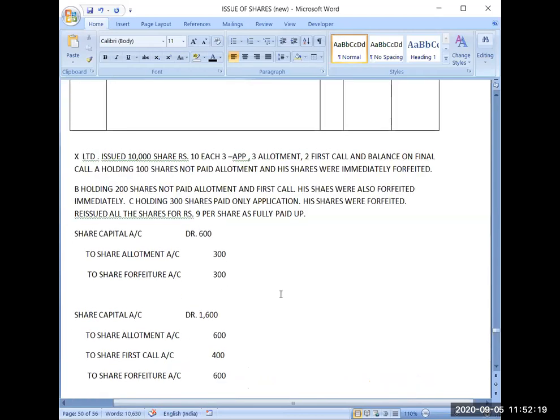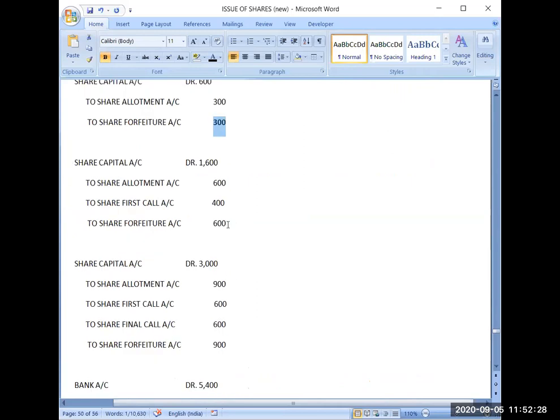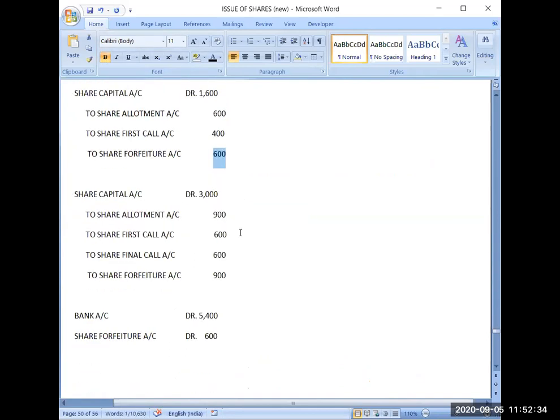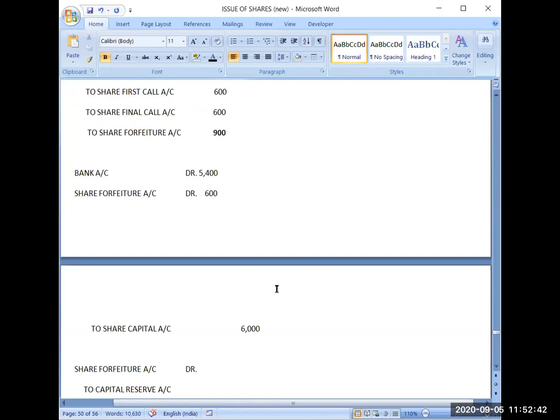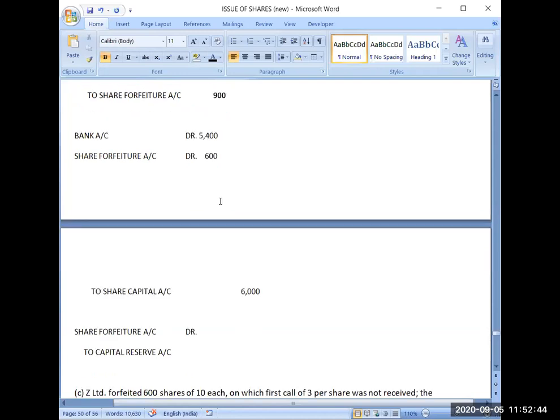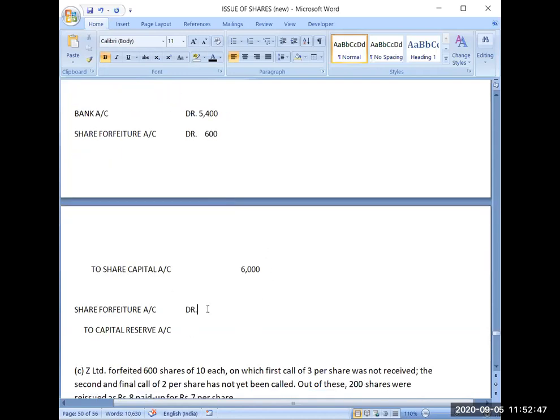So first I will total it: 300 plus 600, it will become 900, plus 900. So I have a total forfeiture of 1800, and 1800 minus 600, the remaining amount will be 1200.